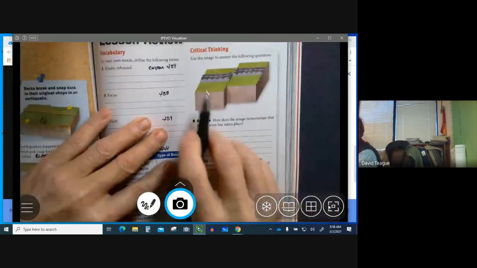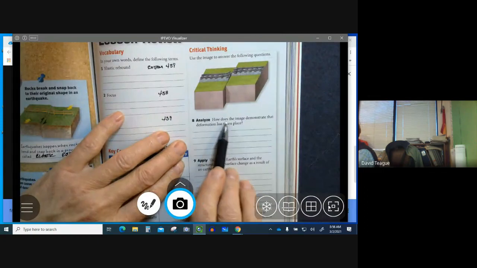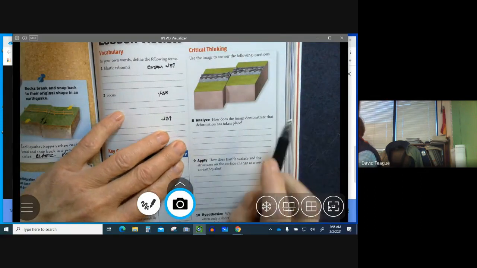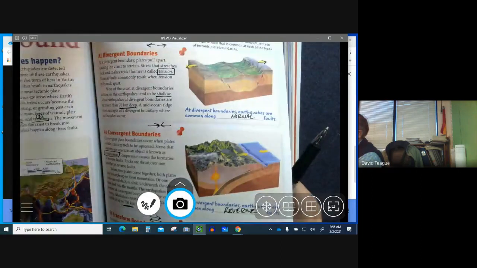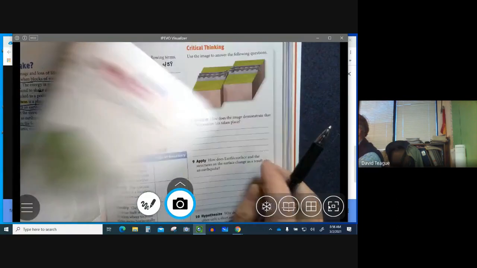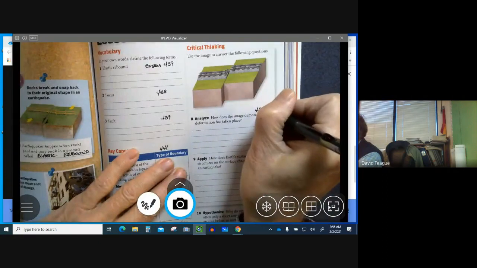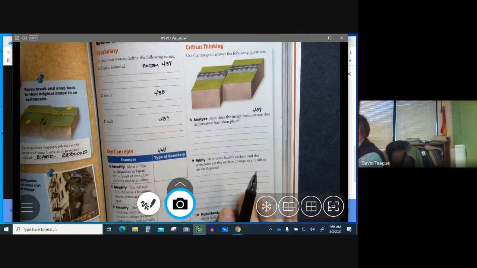Critical thinking. Use the image to answer the following questions. Analyze: how does the image demonstrate that deformation has taken place? If you need some help with deformation, that's on page 439, and there are illustrations there that help you. Number 9, apply: how does Earth's surface and the structures on the surface change as a result of an earthquake?